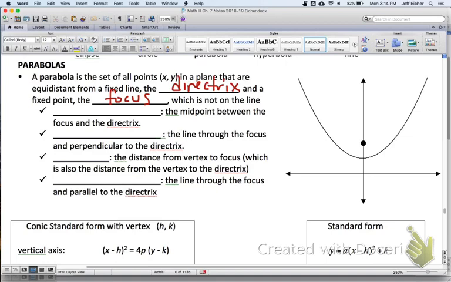So in our diagram here, this point is the focus, and this line here is the directrix. So the parabola is the set of all points, like this point here, that is equidistant. This distance to the directrix is the exact same distance as it is to the focus.